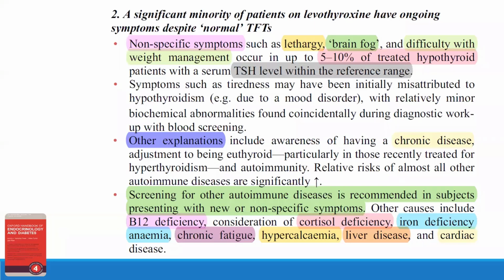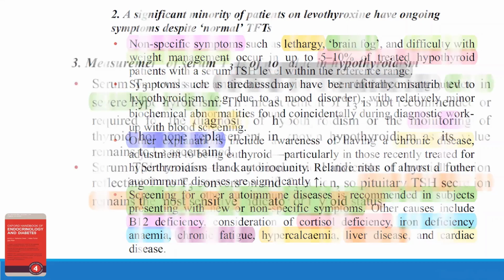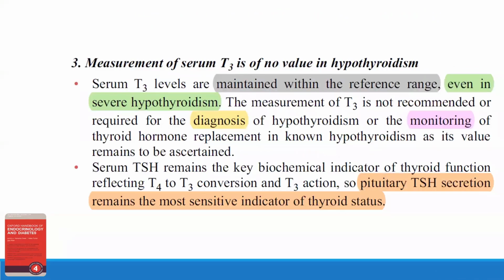So search for another cause of these non-specific symptoms. The measurement of serum T3 is of no value in hypothyroidism, either in diagnosis or in follow-up. So the monitoring is mainly TSH, and free T4 in central hypothyroidism.